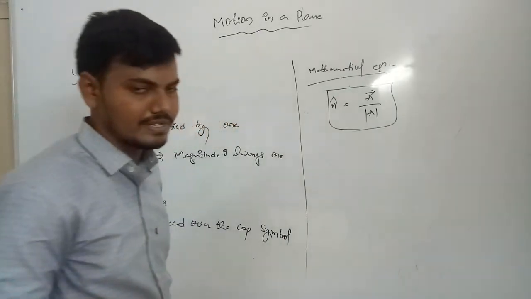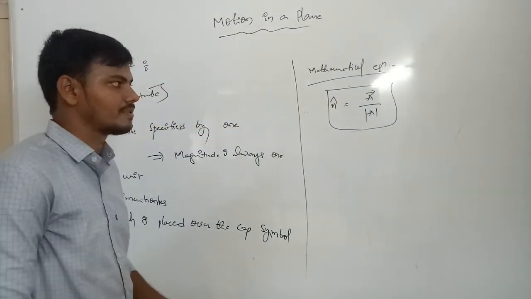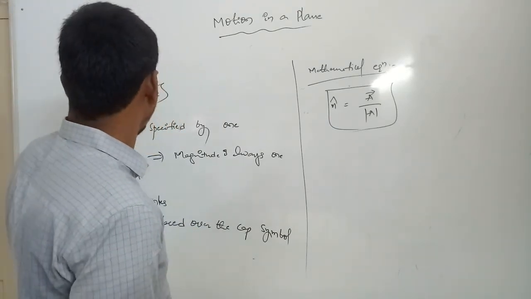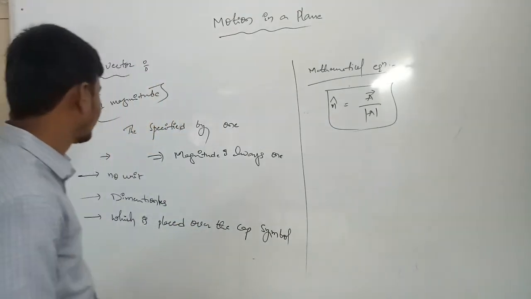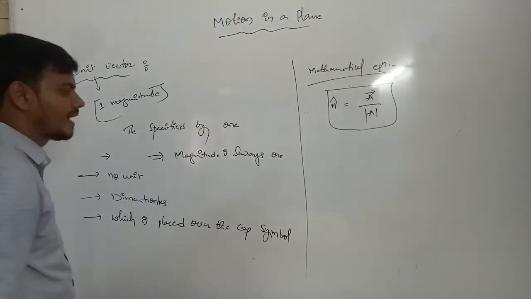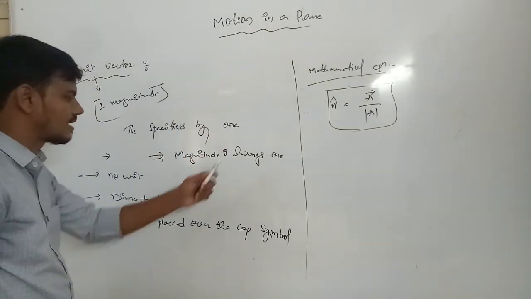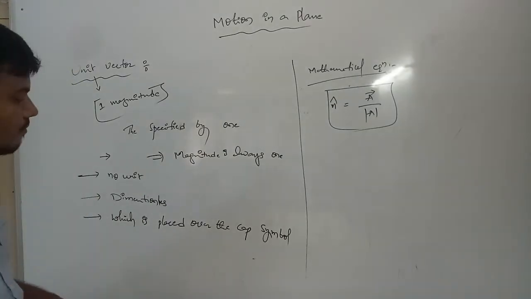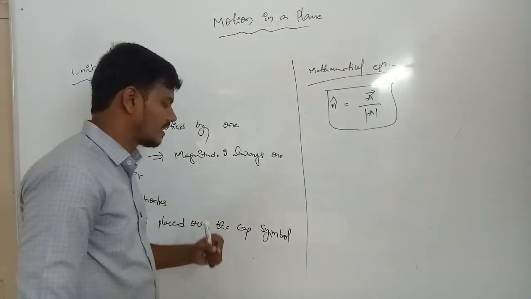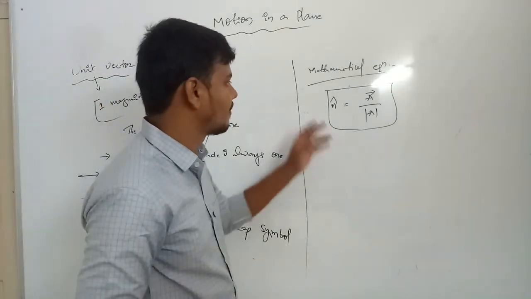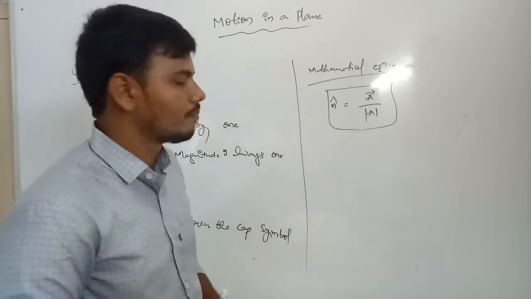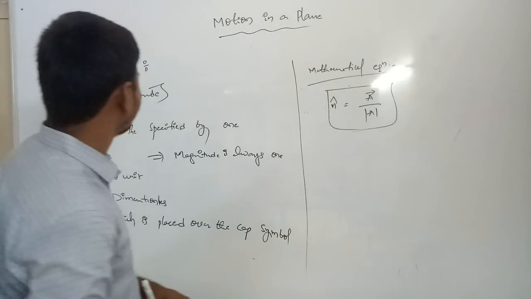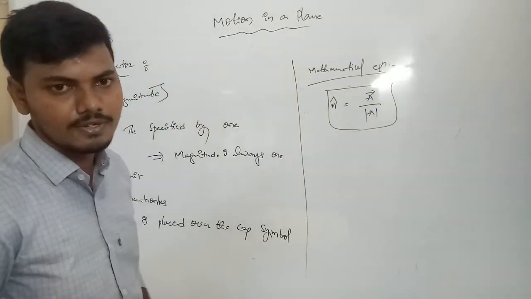This is the mathematical equation of a unit vector. The first point is that it has only one magnitude; the magnitude is always one. The second point, no unit. The third, dimensionless. And the fourth, the cap symbol placed over it. Now n cap equals a bar by mod a is known as the unit vector.